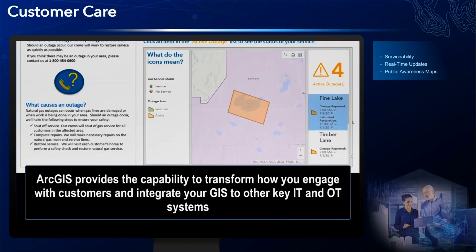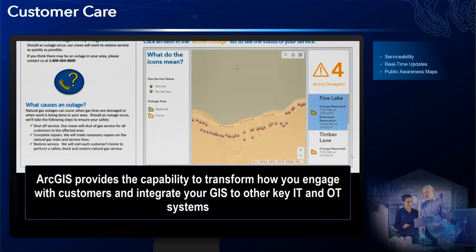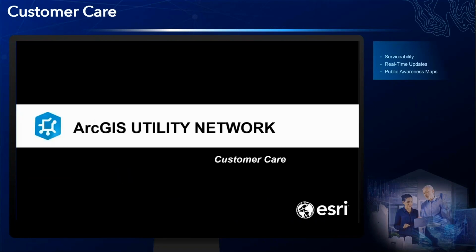Public maps typically may include basic safety information, as well as various map views at varying levels of detail and search capabilities. With the latest information continually accessible, each customer can decide when they want to check for the latest on their individual status. The utility network and ArcGIS provide capabilities essential to delivering better customer care.